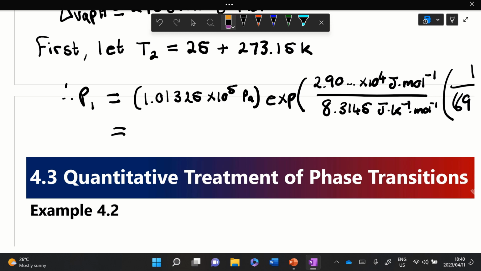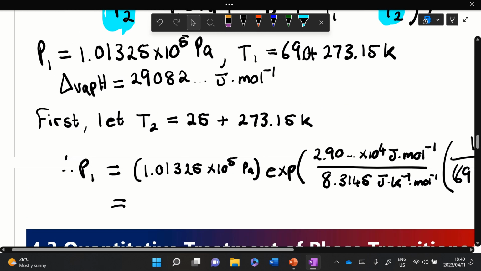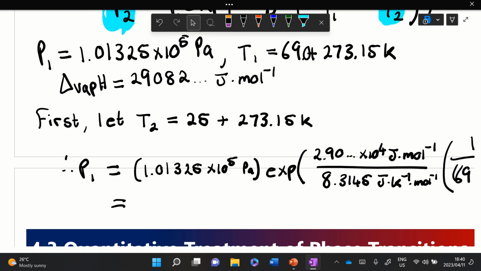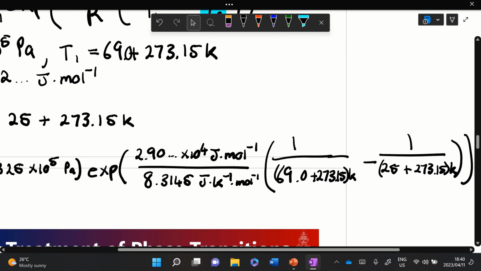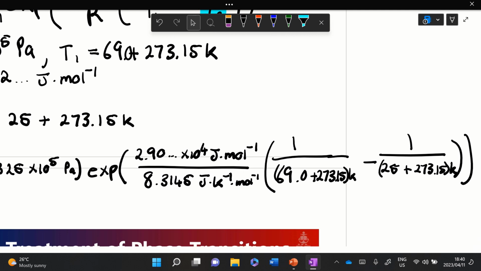And then e to the power of, one over 69 plus 273.15 minus 1 over 25 plus 273.15.